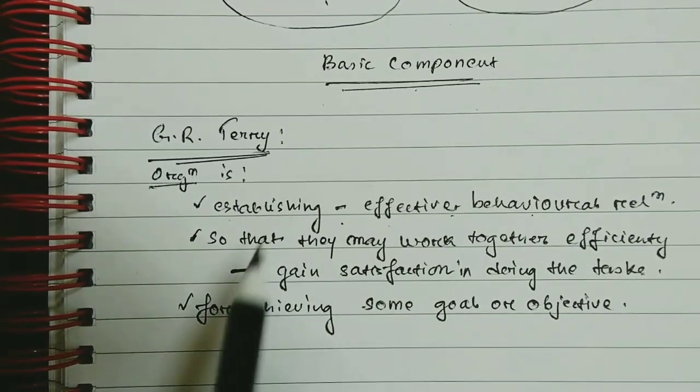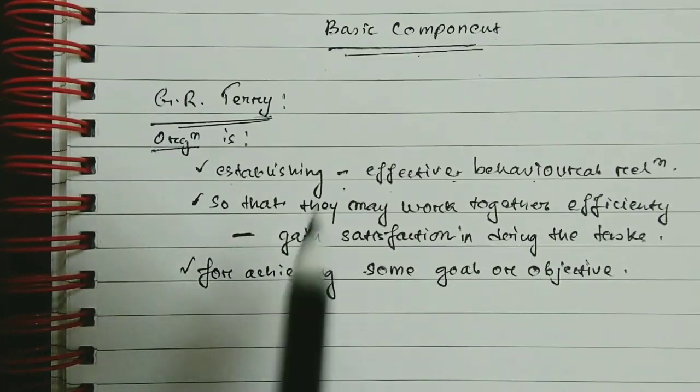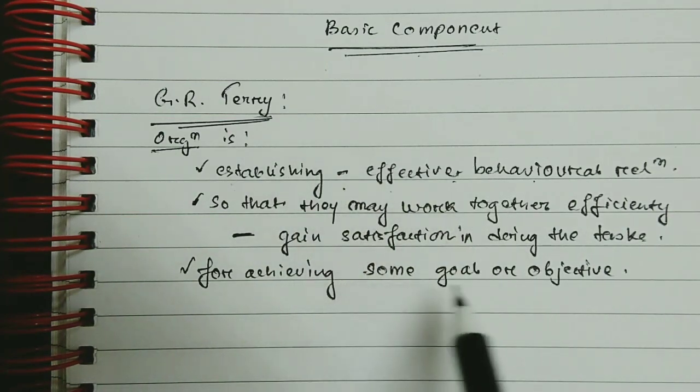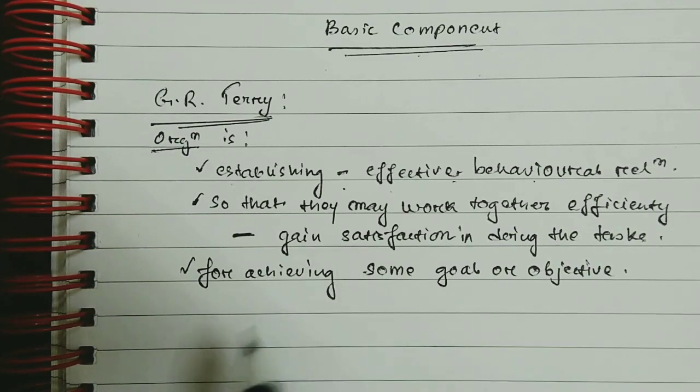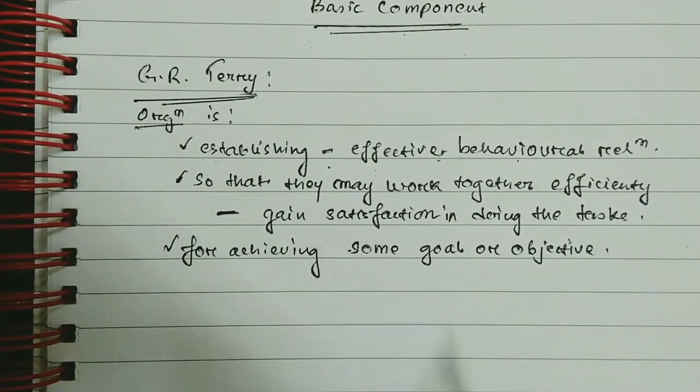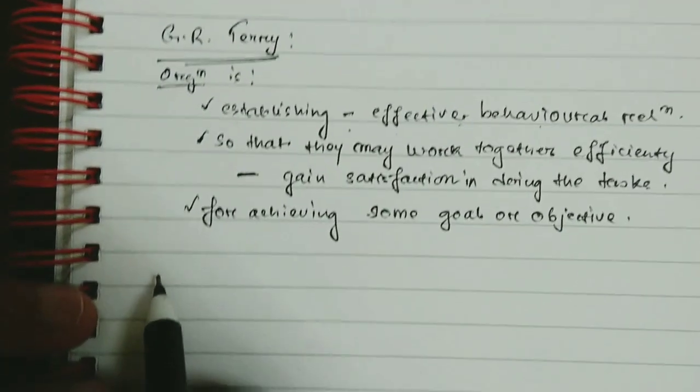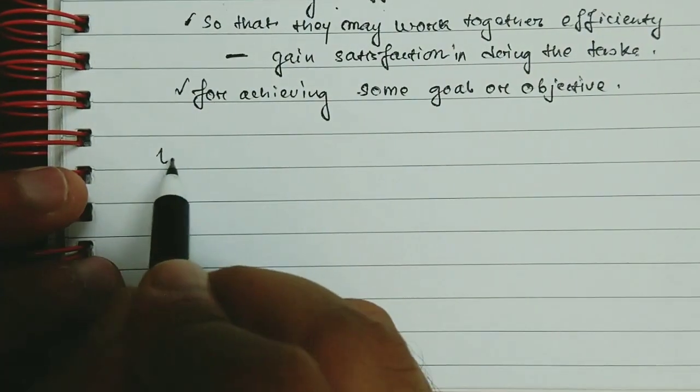Okay, I have not written the full definition, but I have written the basic structure of the definition. Okay, so G.R. Terry said this. Okay, let's take another person, Lois A. Allen, and see how he has defined it.